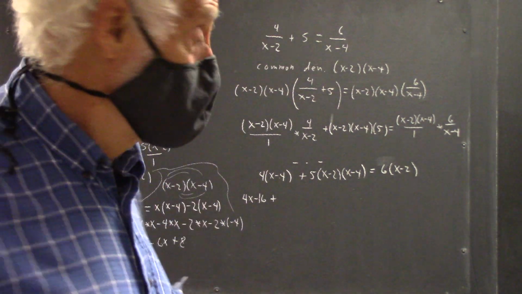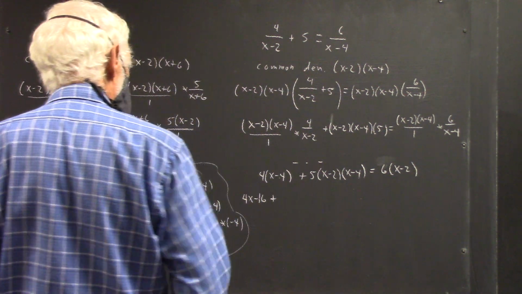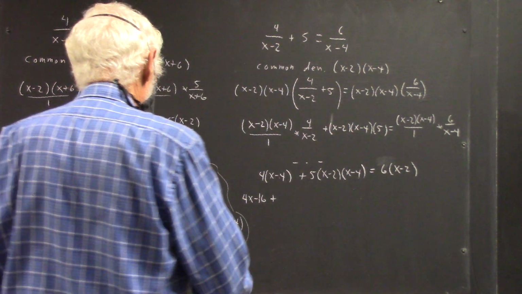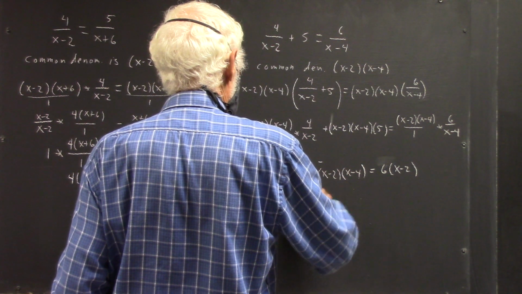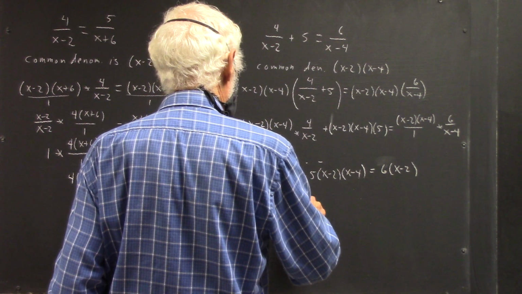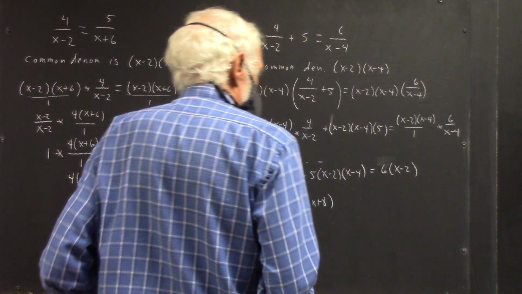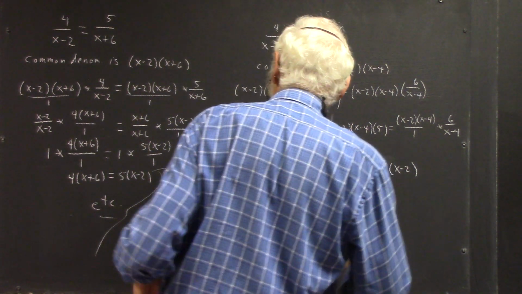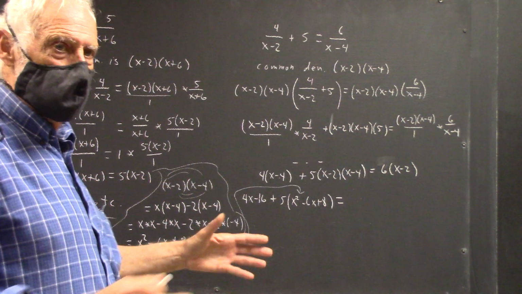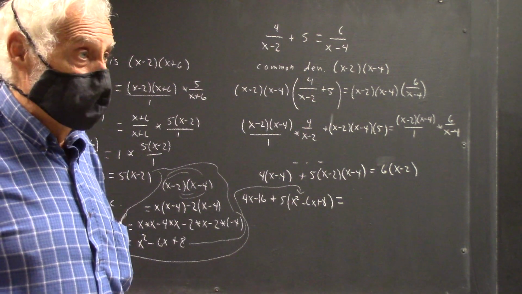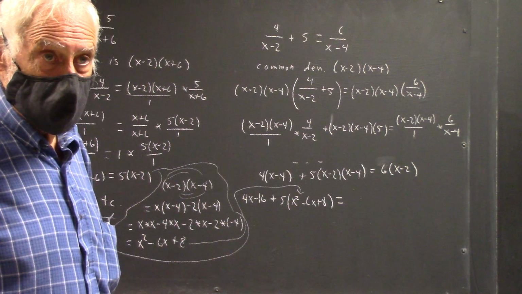Okay? So by the distributive law, we're going to have 5 times x squared minus 6x plus 8. Now the reason I use the distributive law here, because this thing here works perfectly well, but if you're multiplying trinomials, bigger expressions, it gets a little more complicated, okay?